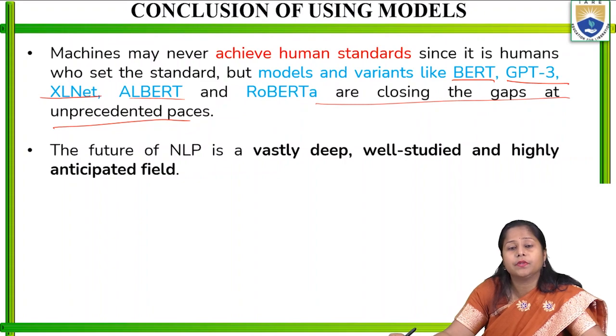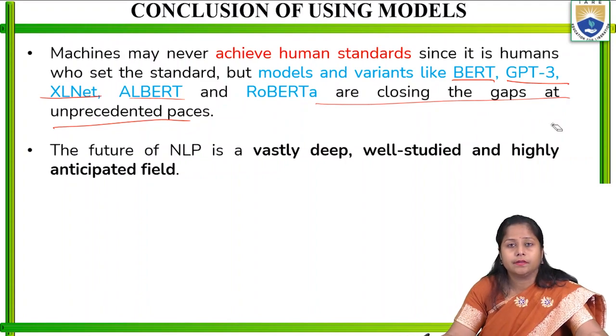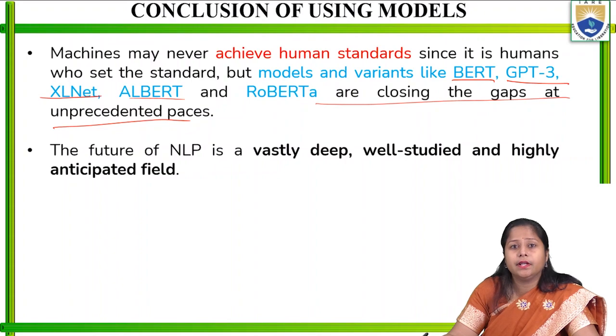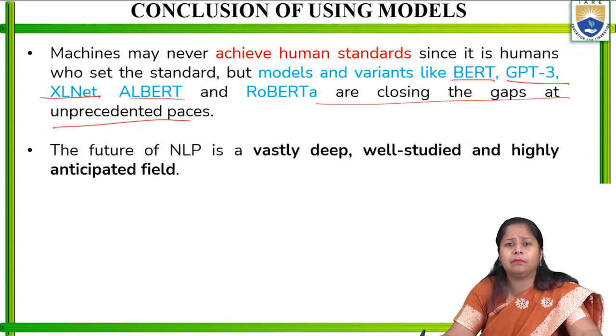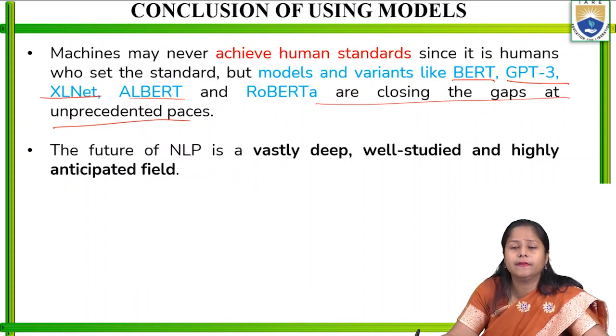Suppose we humans are doing everything perfectly, and whatever standards we set are up to the mark. But when we have a large amount of data, in some cases humans cannot do it in a timely manner, and in those cases the models will be applied.